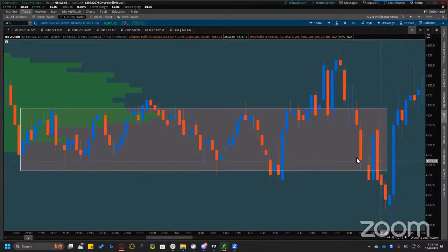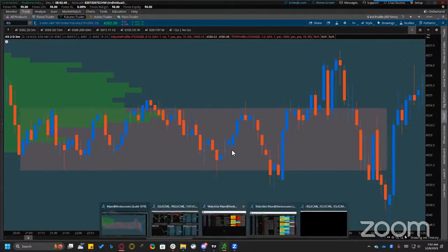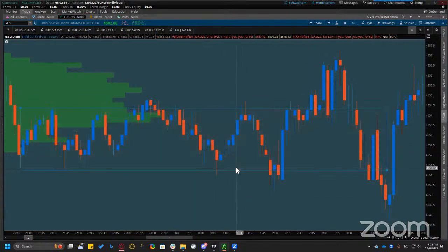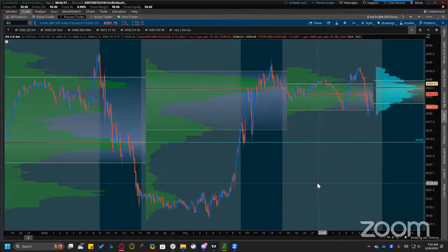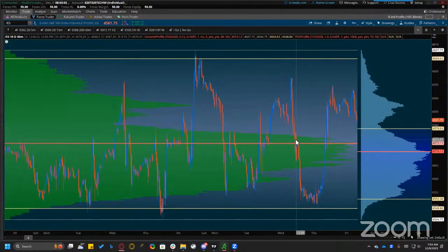If I zoom out, there was no raid and there was no follow through, but this was a draw. So I used it for my highlight, but it wasn't an example of a raid and a draw, unfortunately. But take that same concept and come back to this very big 10-day draw.